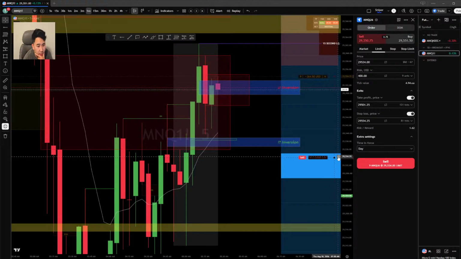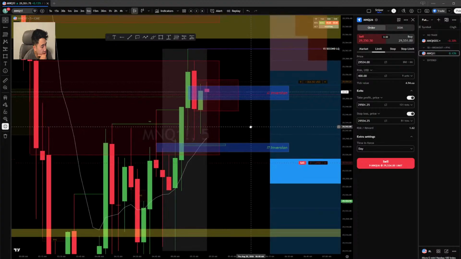Let's see what happens. The 1 minute is still holding this zone.